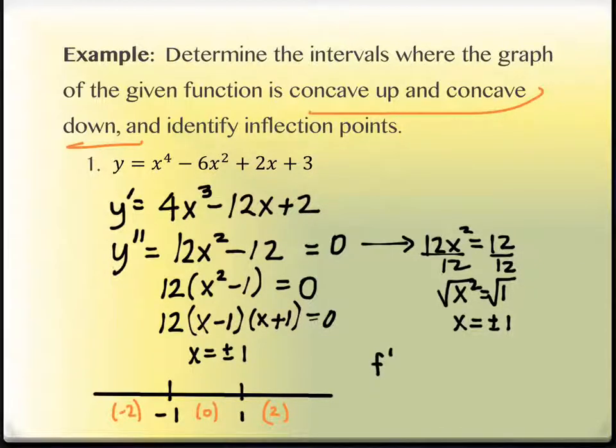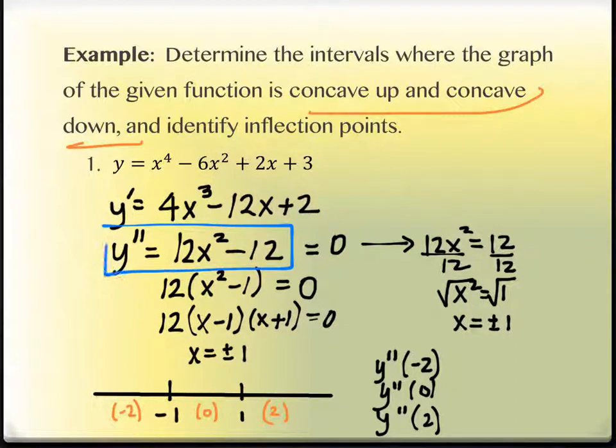So we're finding, well, we called them y before, y double prime of negative 2, y double prime of 0, and y double prime of 2. I want to make sure we're plugging them into the second derivative equation. And that second derivative equation is the one that we wrote down right here. Not where we set it equal to 0. We did that to find those locations. But before we set it equal to 0, that was the second derivative.